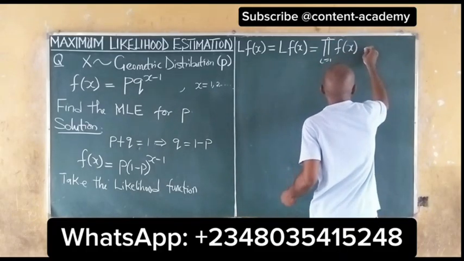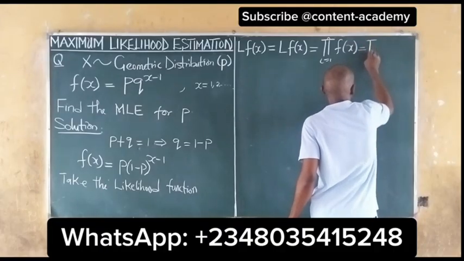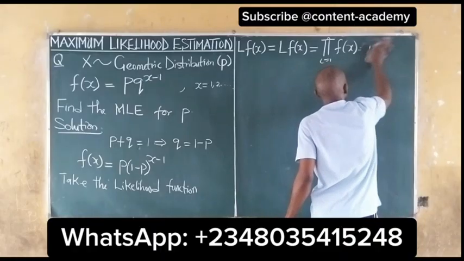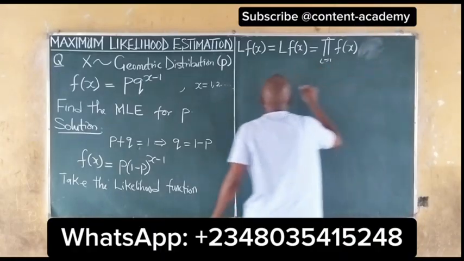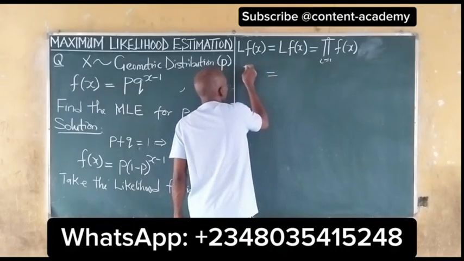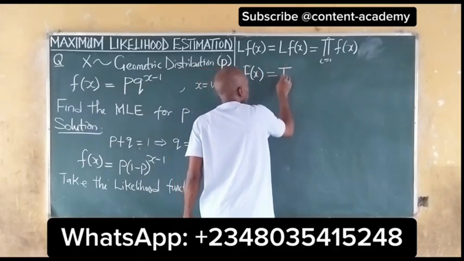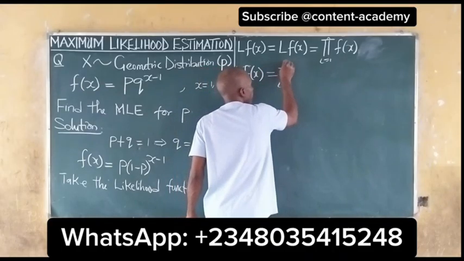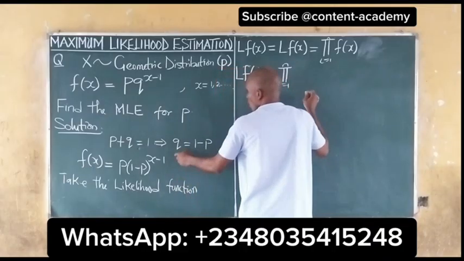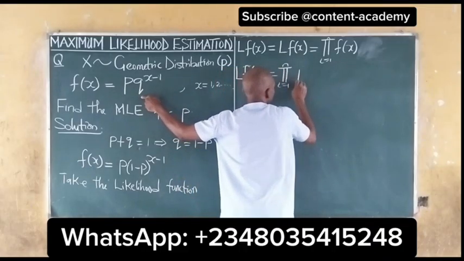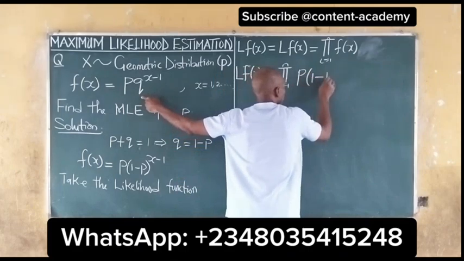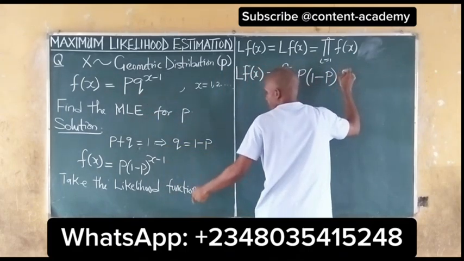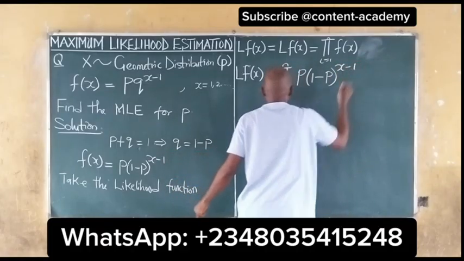And what is the function? It is p into (1 minus p) to the power xi minus 1.